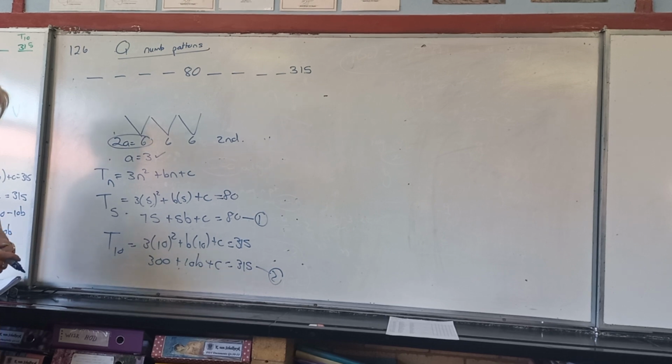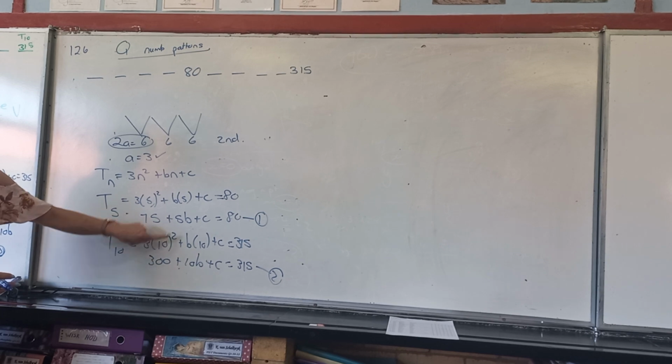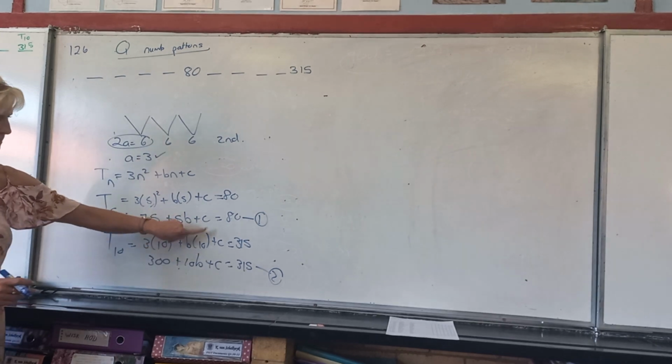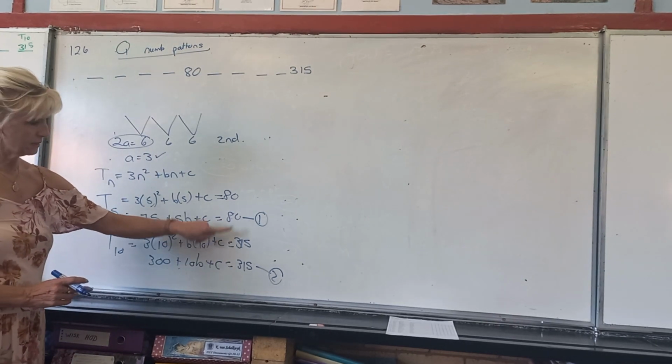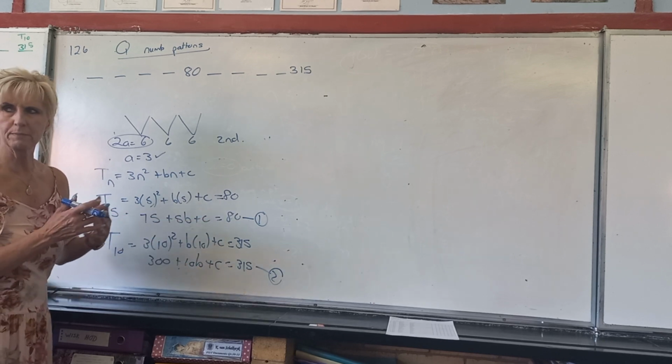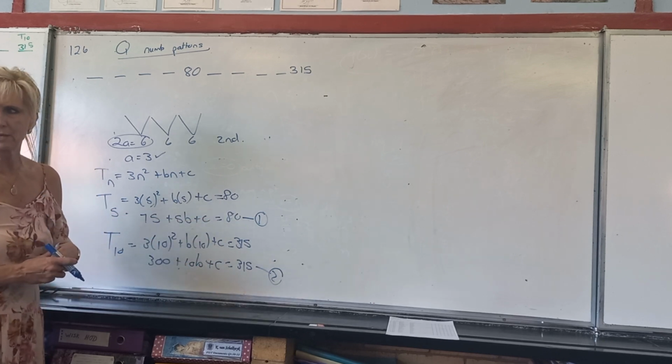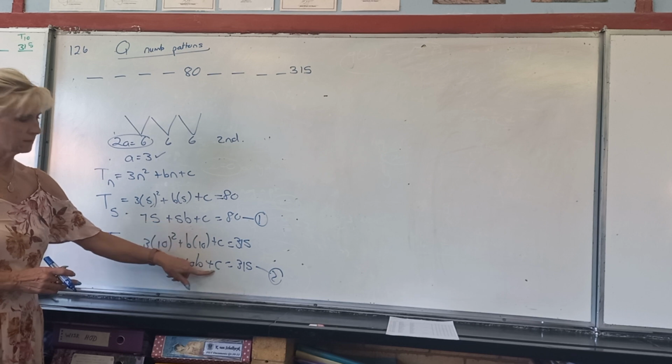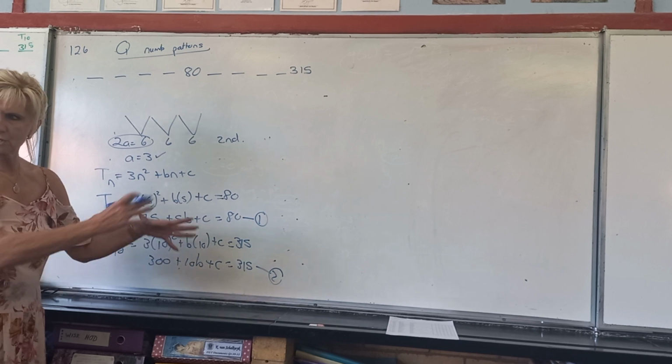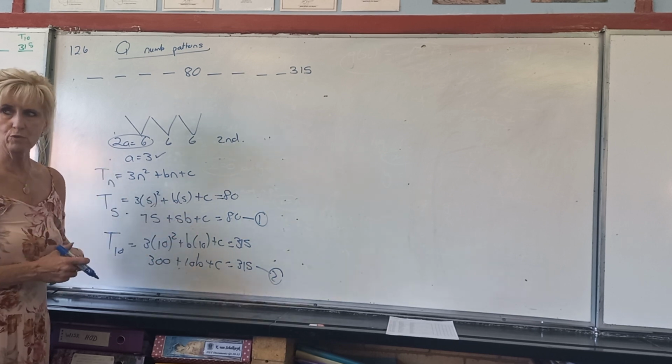Now it's up to you what you want to do with it, because we could even do elimination. Remember elimination from grade 10. If you put these underneath each other, there's numbers, there's b's, there's c's, equal to another number. What are you going to eliminate? The c's. When you subtract them from each other, there's going to be no more c.